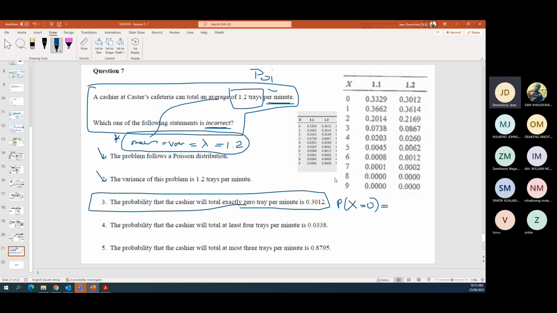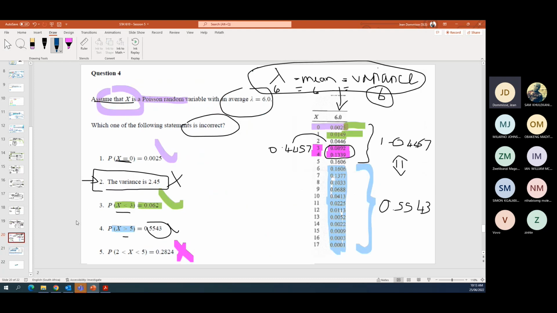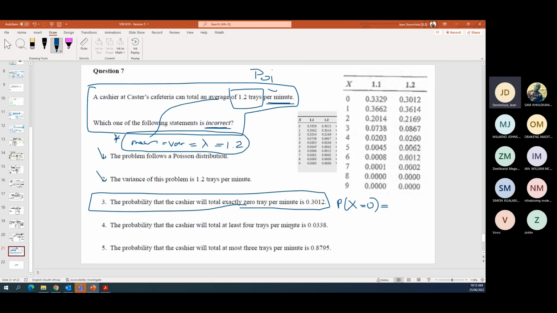What I like about this question is that where in the previous one we had it in symbols, now one has it all in words. So you can also see the difference in what we are doing between words and symbols. So X equal to 0, exactly 0.